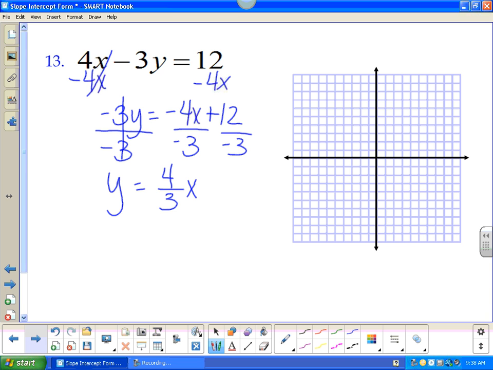And a positive 12 divided by negative 3 is a minus 4. Slope is 4/3. Y-intercept is a negative 4. Go down 4 and put a dot. And then up 4, right 3. And draw your line.